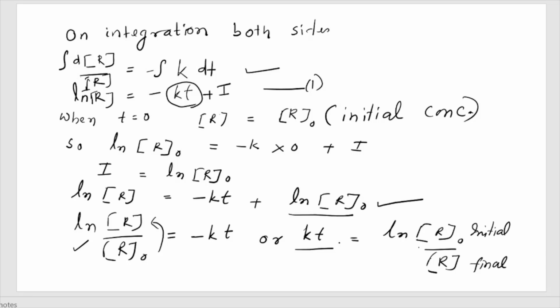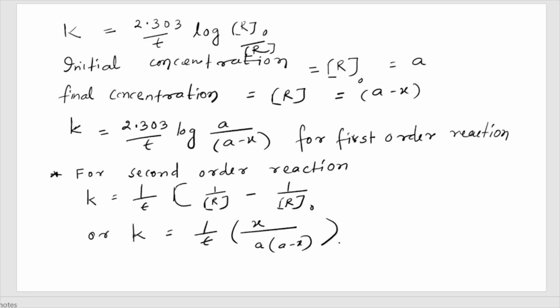So in the next equation you put k equals 2.303 by t, and here instead of ln you put log. So k equals 2.303 by t log [R]0 by [R]. This is a very simple form of the equation for a first order reaction.